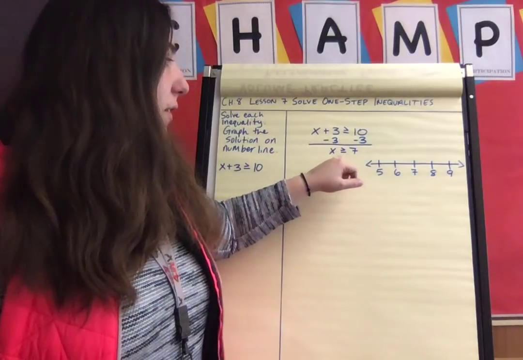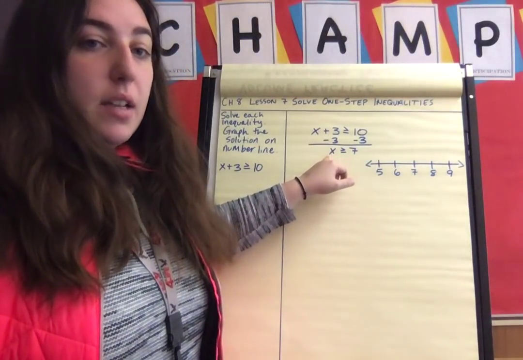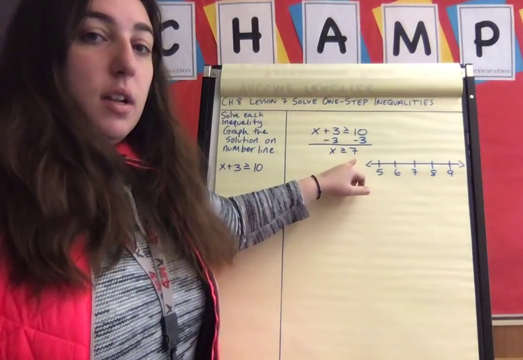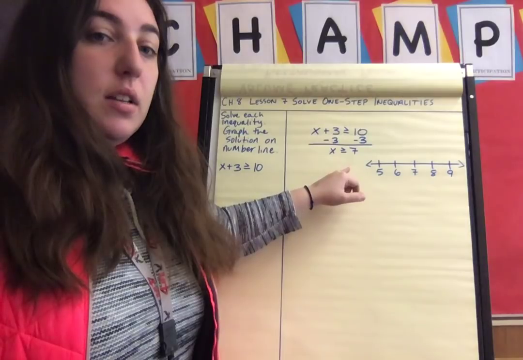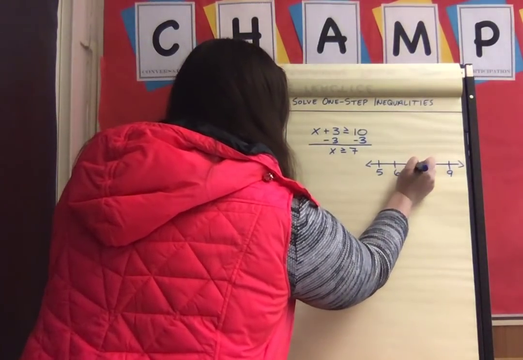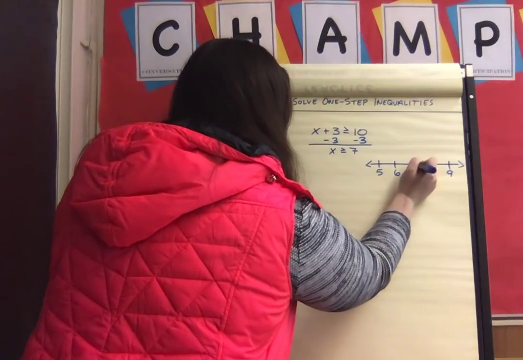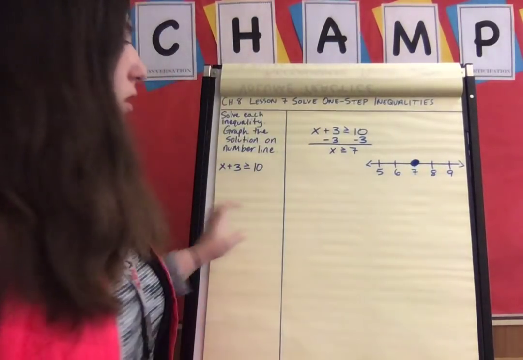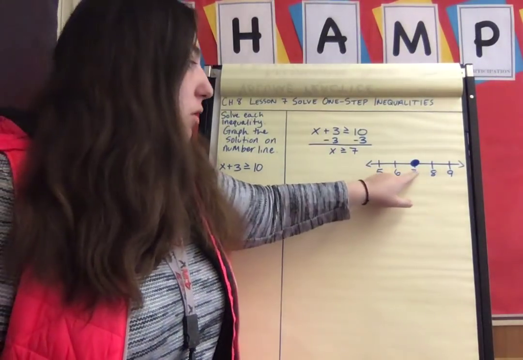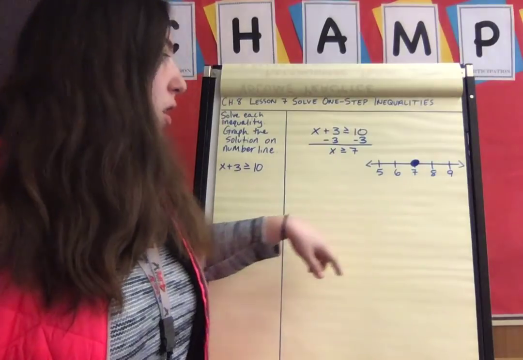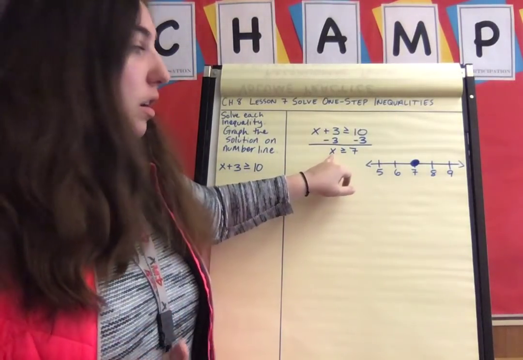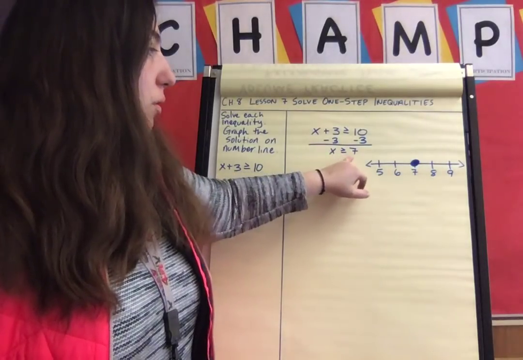And then if I plug in 7 for x, I'll say 7 is greater than or equal to 7. And yeah, that's true, right? 7 is equal to 7. So I'm going to have a closed point. Okay, 7 is included in my solution, so I'm going to have a closed point. Now, x, or the answer, is greater than or equal to 7.